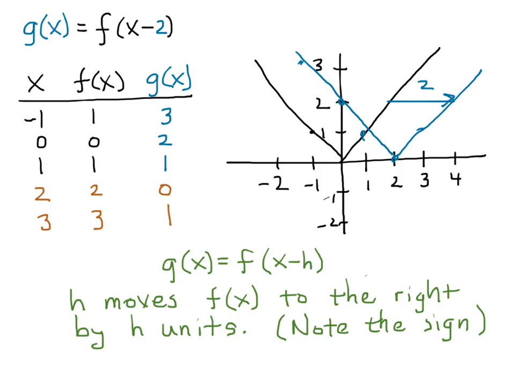If h is negative, it's going to look like x plus 2, right? That's going to move it to the left. So this is one of those where you just need to be cognizant of the sign. We're looking at a negative sign. When h is positive, it moves it right. When h is negative, it moves it left.